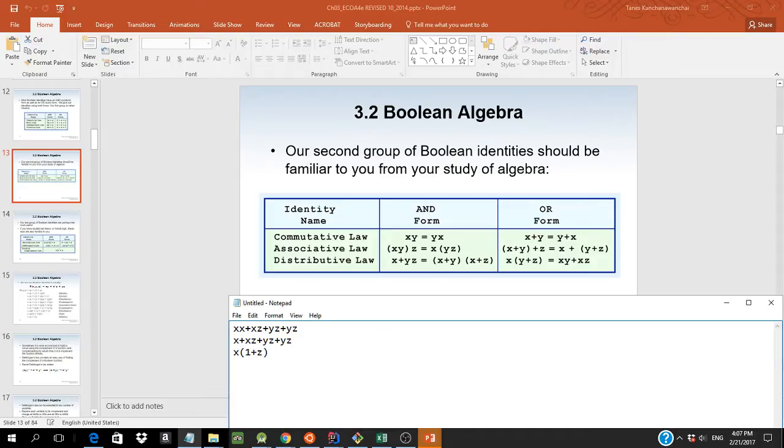Because we can use this distributive law. 1 plus z is going to be, for OR, we know that when it's 1, it's always 1. So that's why we have just x times 1 at that point. As well as this part, we have y times z plus yz.